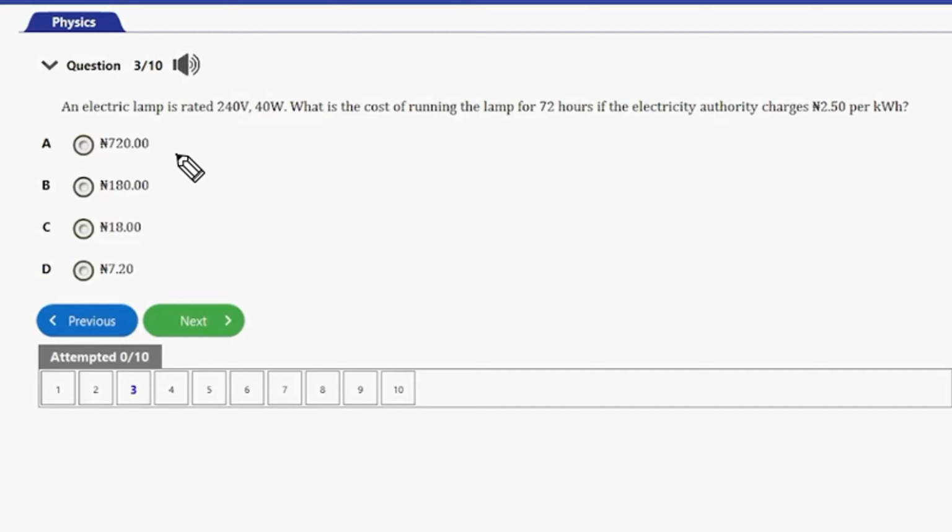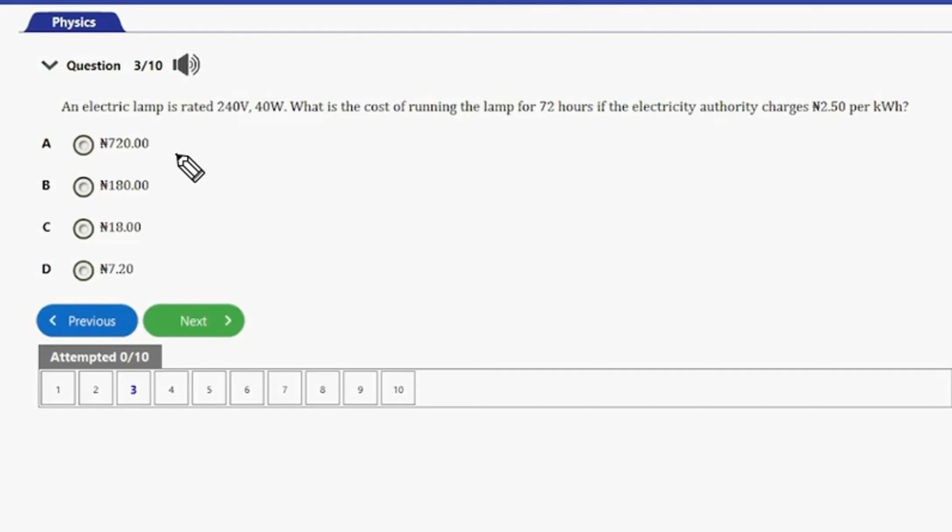So that's question number 3 here, guys, and the question here says an electric lamp is rated 240 volts 40 watts. What is the cost of running the lamp for 72 hours if the electricity authority charges 2.50 naira per kilowatt? Alright, so guys, actually what we need to do here is check what 40 watts is in kilowatts.